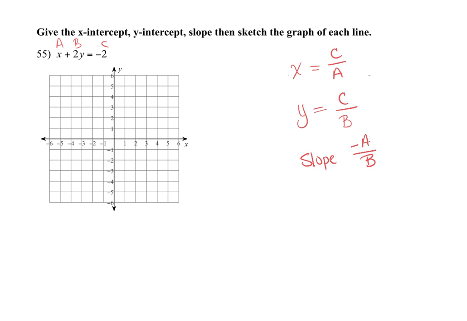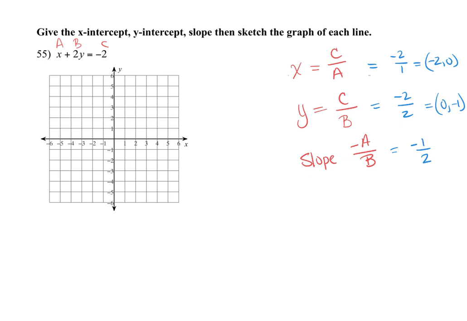So in this case, my x-intercept is going to be -2 over 1 or -2, 0. My y-intercept is going to be -2 over 2. And my slope is going to be -1 over 2.